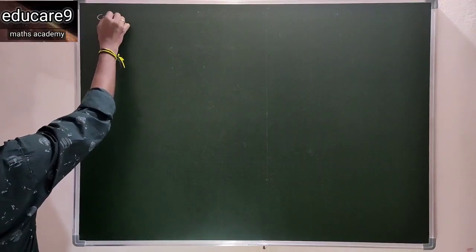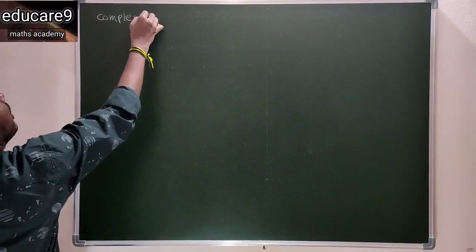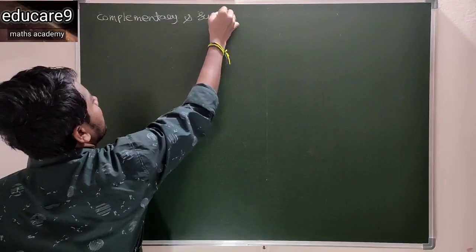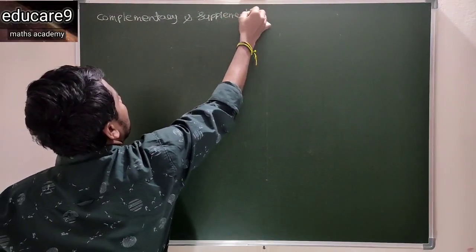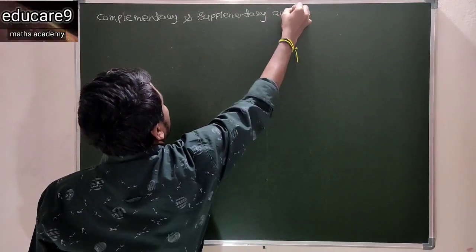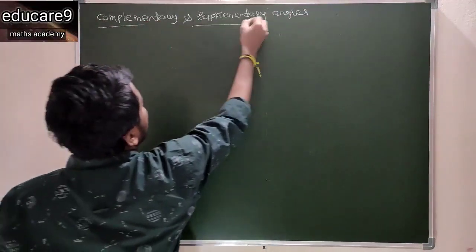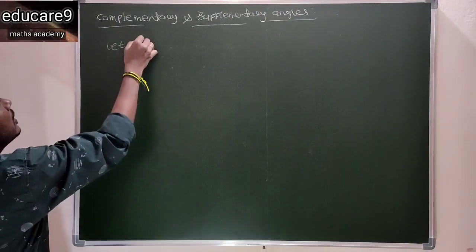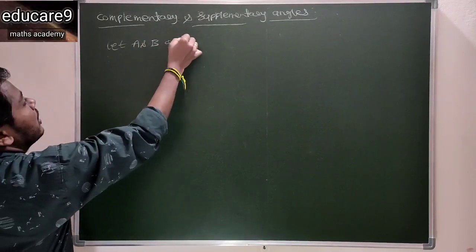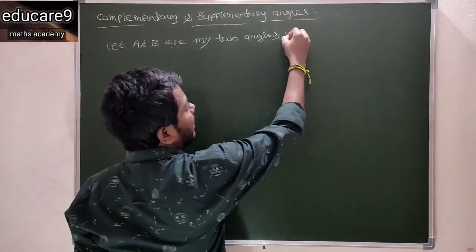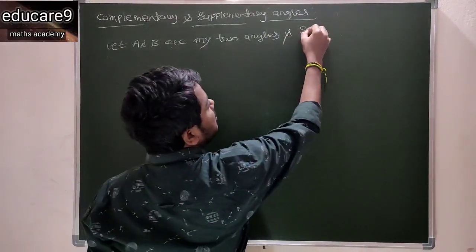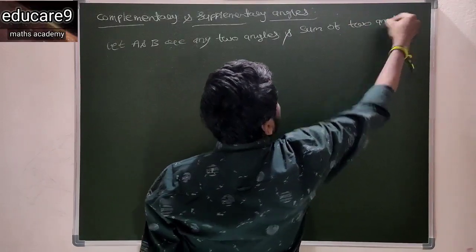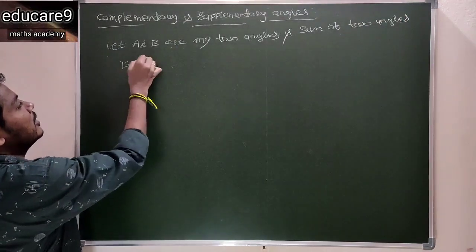So next definition, complementary and supplementary angles. So here, let A and B be any two angles, and the sum of the two angles A and B is 90 degrees.